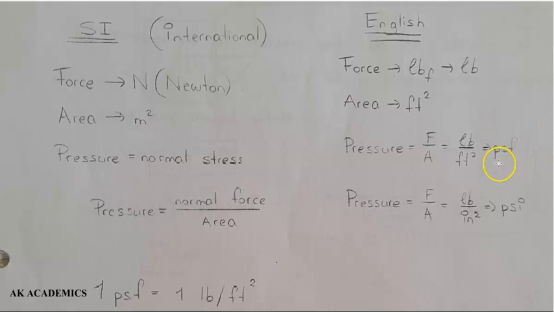PSF represents pound per square feet. Then we also have PSI, which represents pound per square inch. So if the area is measured in square feet, we have PSF. If the area is measured in square inches, we have PSI, which would mean pound per square feet and pound per square inches, respectively.